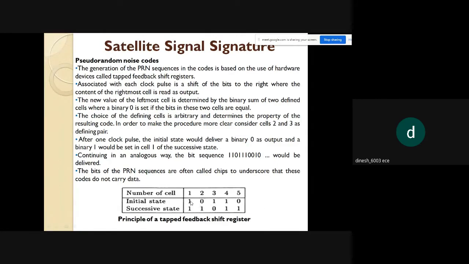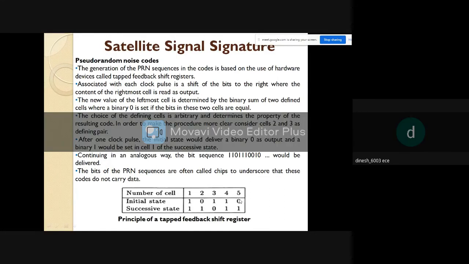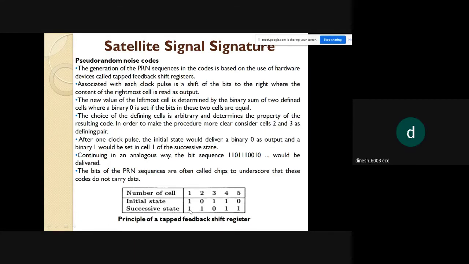This one will come here, this 0 will come here, this one here, this one here. The fifth bit of the initial state moves off. So we compare these and see what to put in the leftmost bit. That will determine your pseudo noise codes.